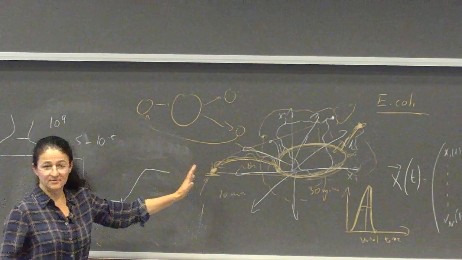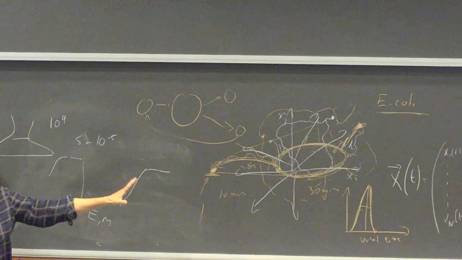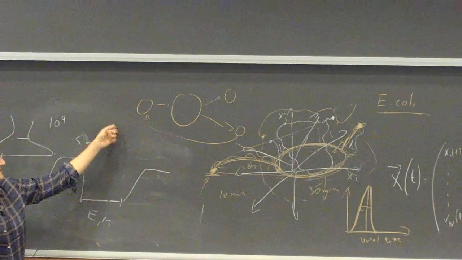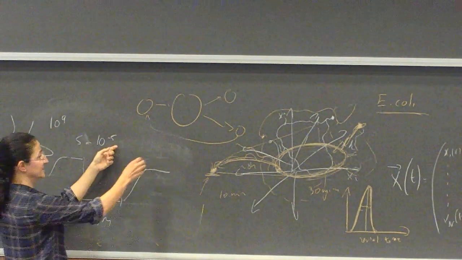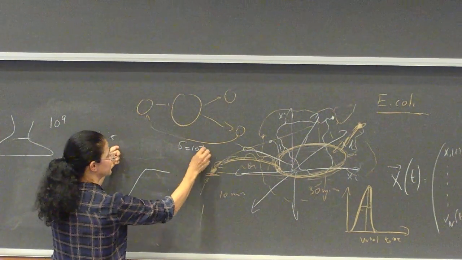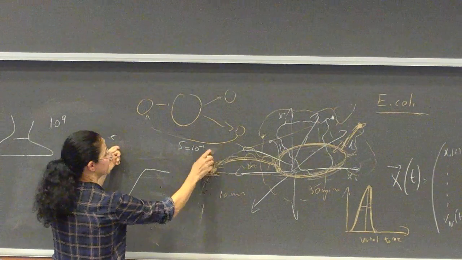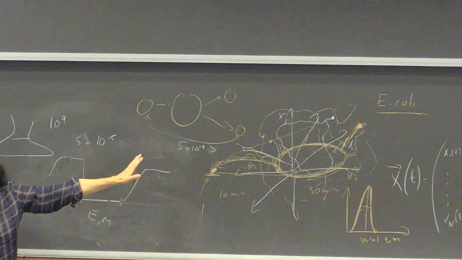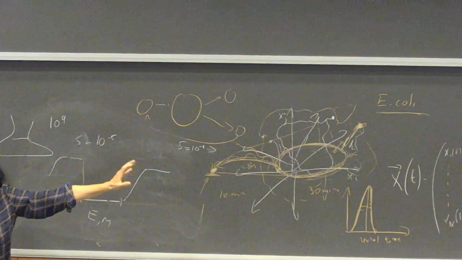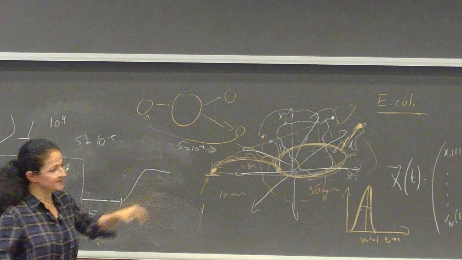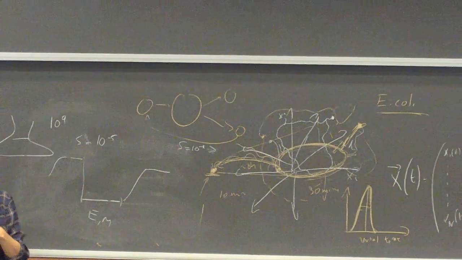After a week, even less, a few days, we see that the population, instead of having this very low survival rate, now has a survival rate of 10 to the minus 1, even more than that. So they are hardly killed by the antibiotics now, and without having acquired resistance.